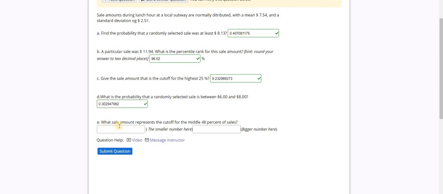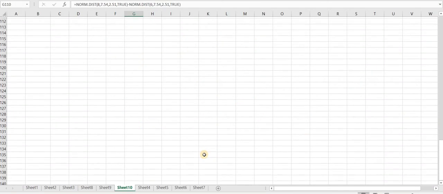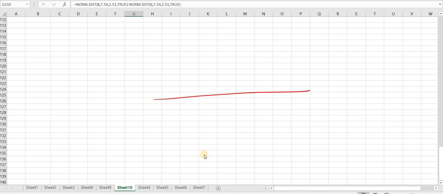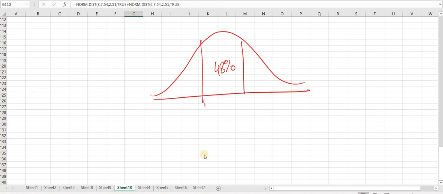Lastly, what sale amount represents the cutoff for the middle 48% of sales? So the middle 48% of sales, I'm going to draw it first. And this is exactly in the middle. So A and B, I want to find A and B. And I have the middle area right here.